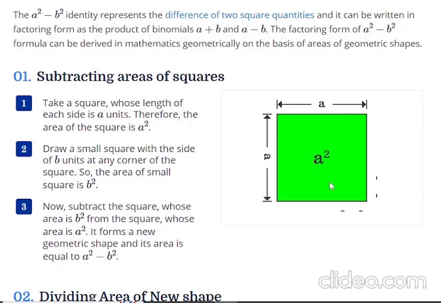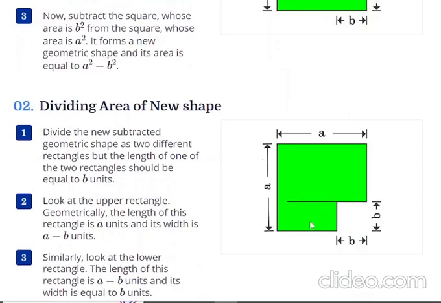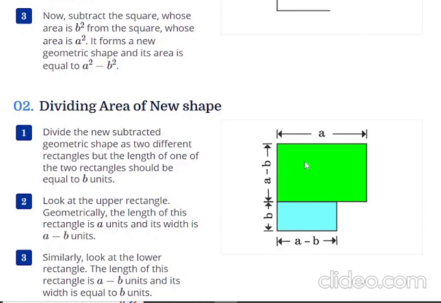Then we have drawn a square at any corner, whose unit was b, and we have discarded it. After discarding it, the remaining part was a rectangle whose unit was a minus b. Then we have turned it at a 90-degree angle, and we have attached this a minus b part here.